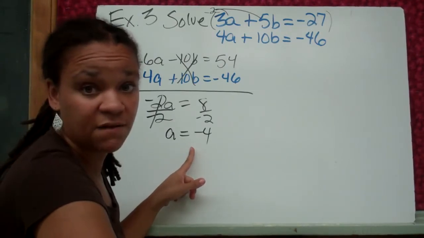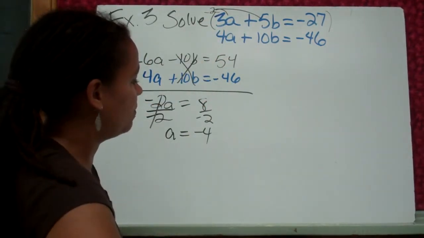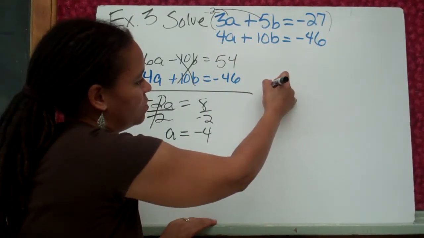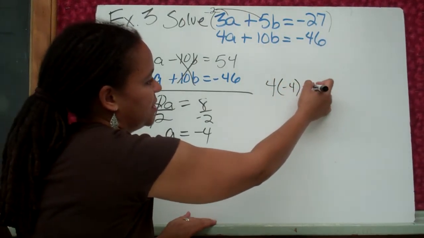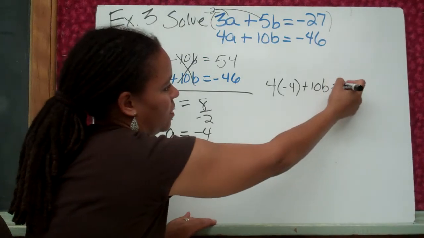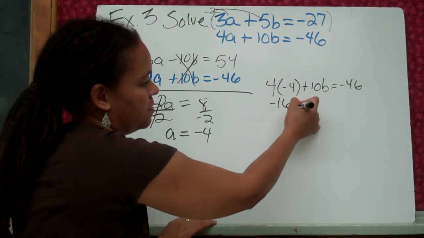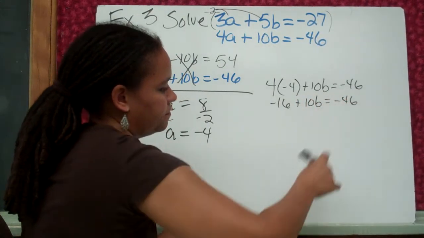Now that A is equal to negative 4, choose one of the original equations and figure out what B is. I don't know. Well, let's go with the second one. So 4 times negative 4 plus 10b is equal to negative 46. So negative 16 plus 10b is equal to negative 46.